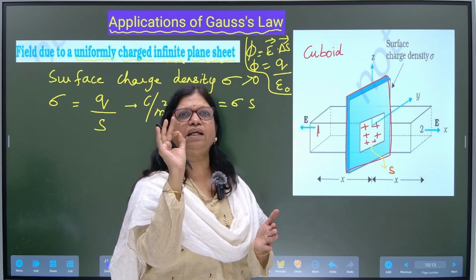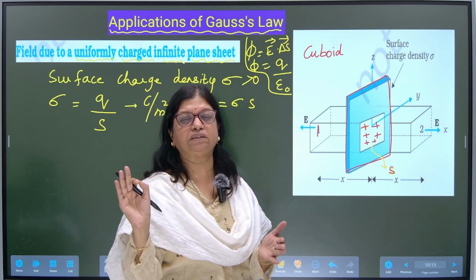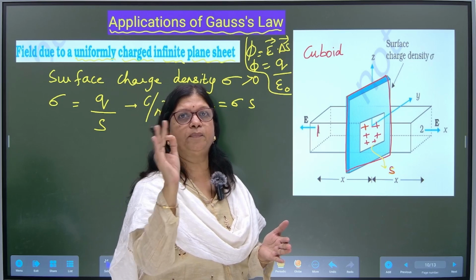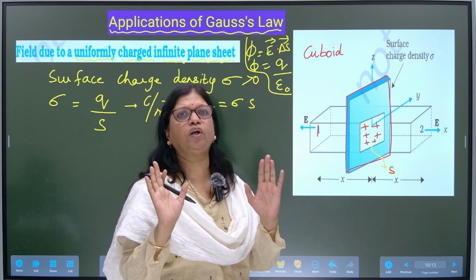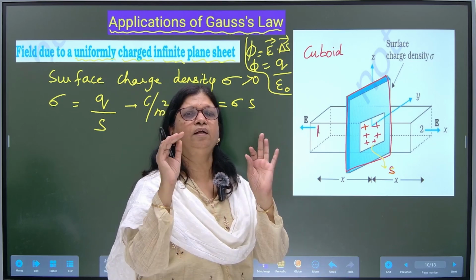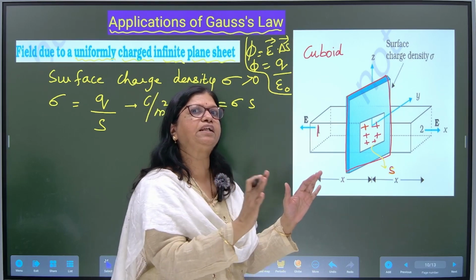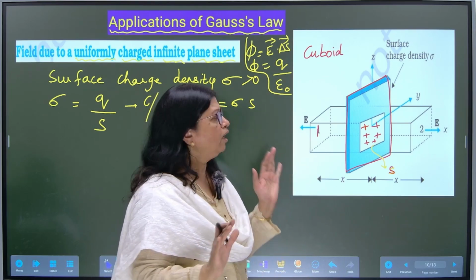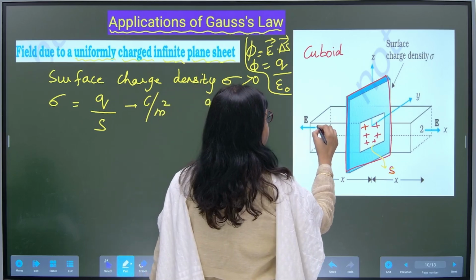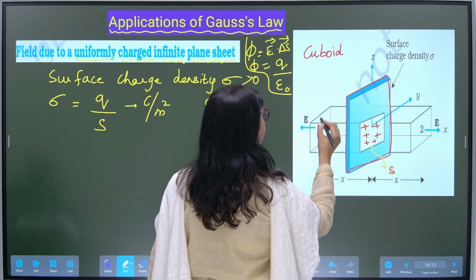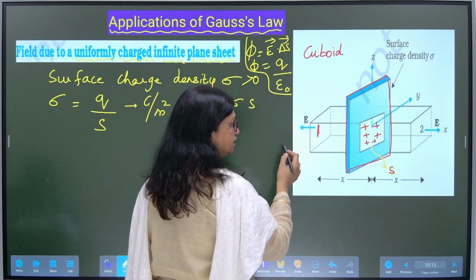See, NCERT is the key of every entrance or the board. So you have to correlate every theory or numerical with the textbook. So I have directly pasted the diagram from the textbook itself. Correct? Okay. So this is the surface number 1 of the cuboid which we have considered.